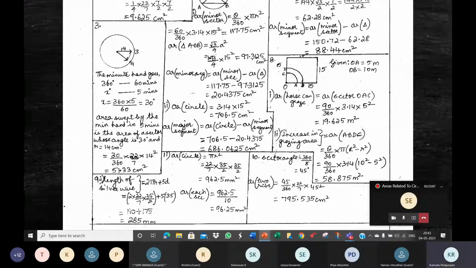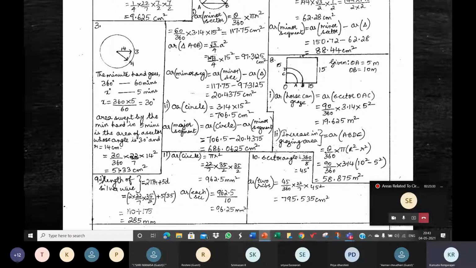Find the area between 2 consecutive ribs. So 2 consecutive ribs means take a sector. The sector has 2 ribs in it, which act as the radius.